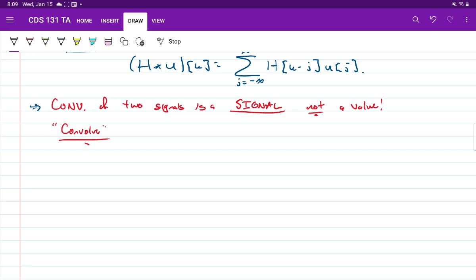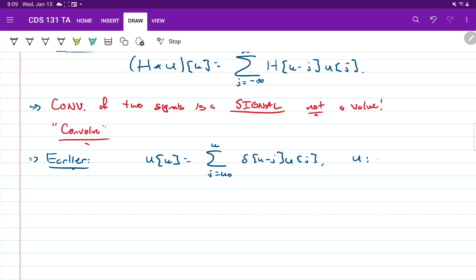So let's rephrase some of our earlier results in terms of the language of convolution. Earlier, what we had said is that u at any time k is equal to the sum from j equals k naught up until k of delta of k minus j times u of j, when u is specified on integers greater than or equal to k naught into R^m.